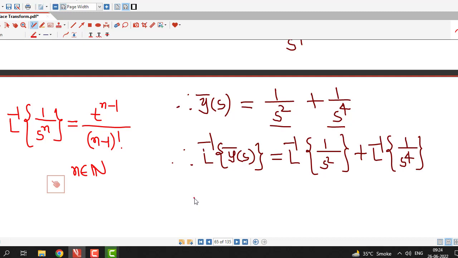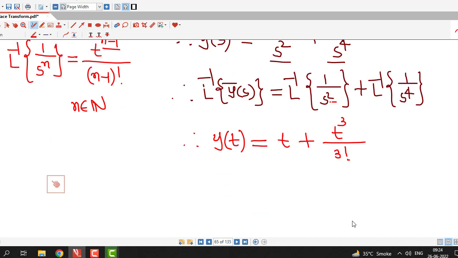And the left hand side is the inverse Laplace transform of y bar s, which is y of t. Here n is 2, so this is going to be t raised to 2 minus 1, that is t, divided by 1 factorial, that is t, plus here t raised to 4 minus 1, that is 3, divided by 4 minus 1 factorial, that is 3 factorial.